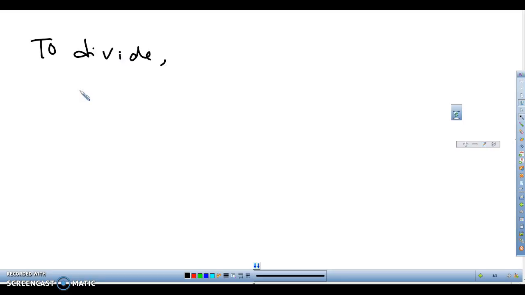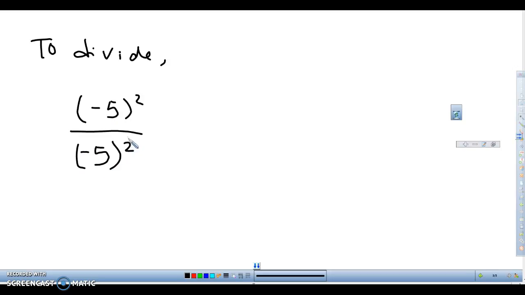Okay, so to divide, meaning that I have maybe like negative 5 squared over negative 5 squared. Again, I could write all that out, but if multiplying, we added the exponents, when we divide, we're going to subtract the exponents.